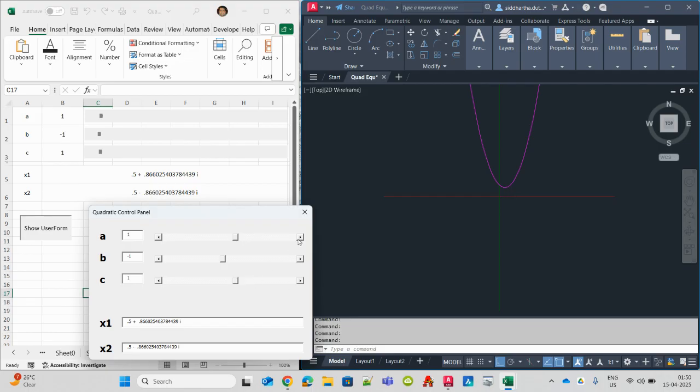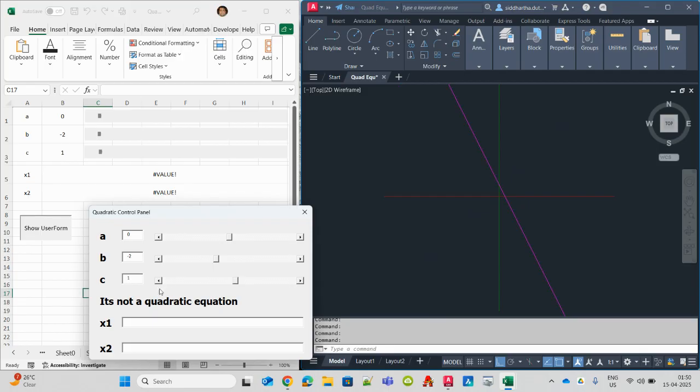Now for different values of a, b, c, this is a case where it becomes a linear equation, because a is 0. When a is 0, if we change b, the slope changes, so the line is rotating.